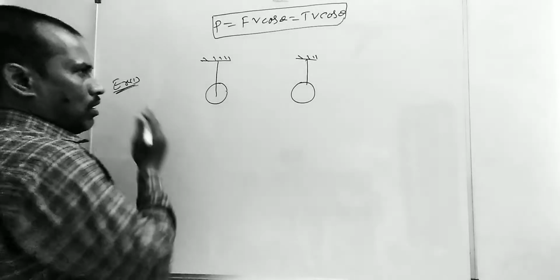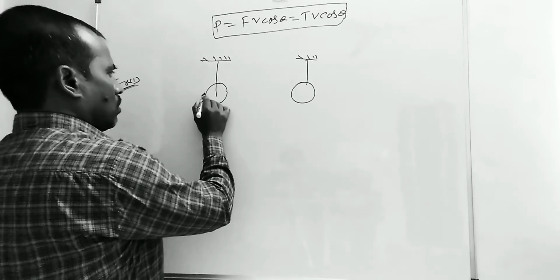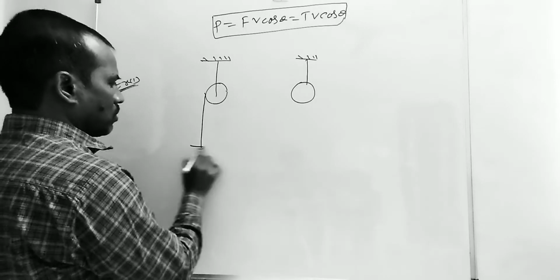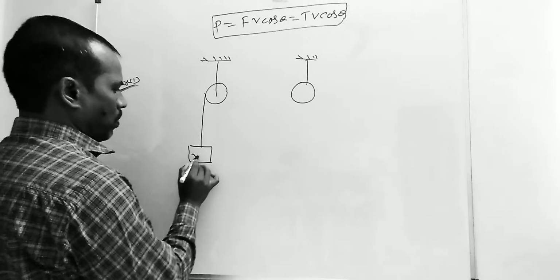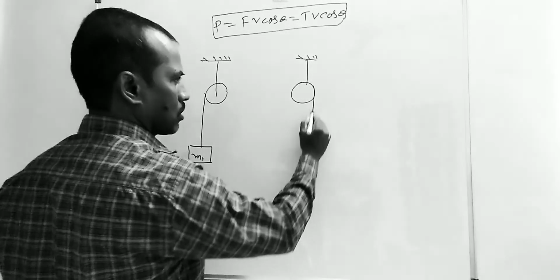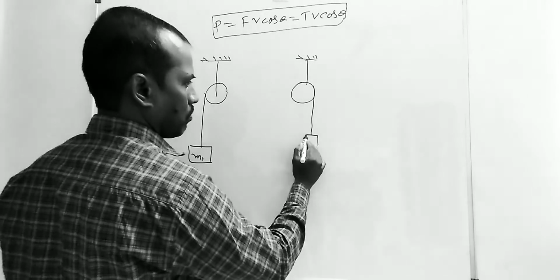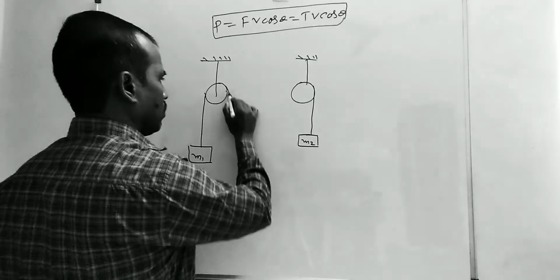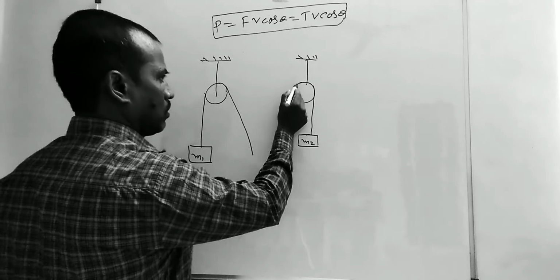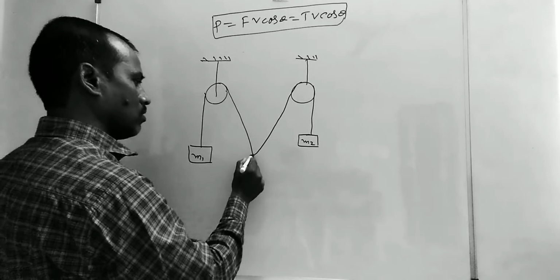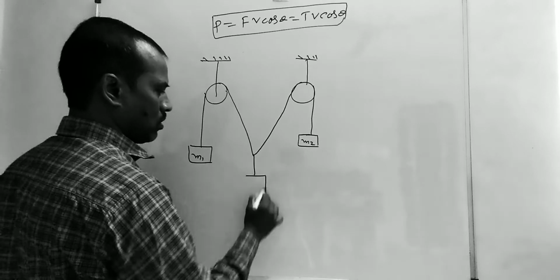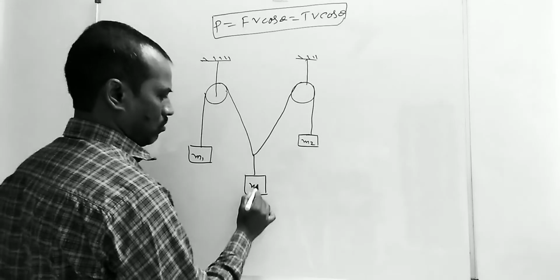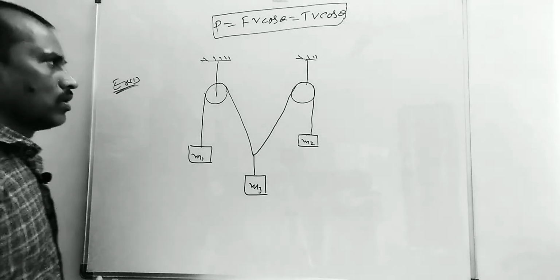Now, the mass of the block is m1, and the mass of the block suspended is m2. This is connected over the two pulleys. This block is m3.